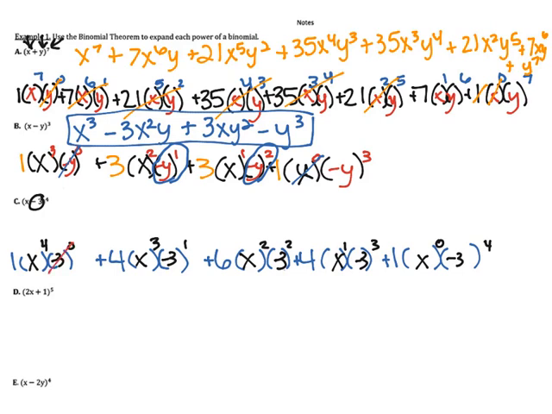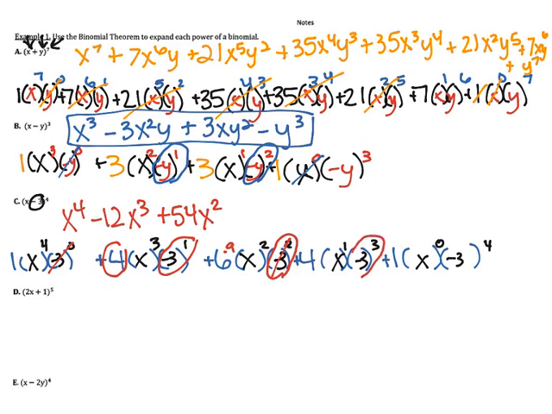So we end up with x to the 4th is our first term. Now this is -3. So what is -3 times 4? It's -12x cubed. This -3 squared is 9, so 6 times 9 is 54x squared. -3 times -3 times -3 is -27.